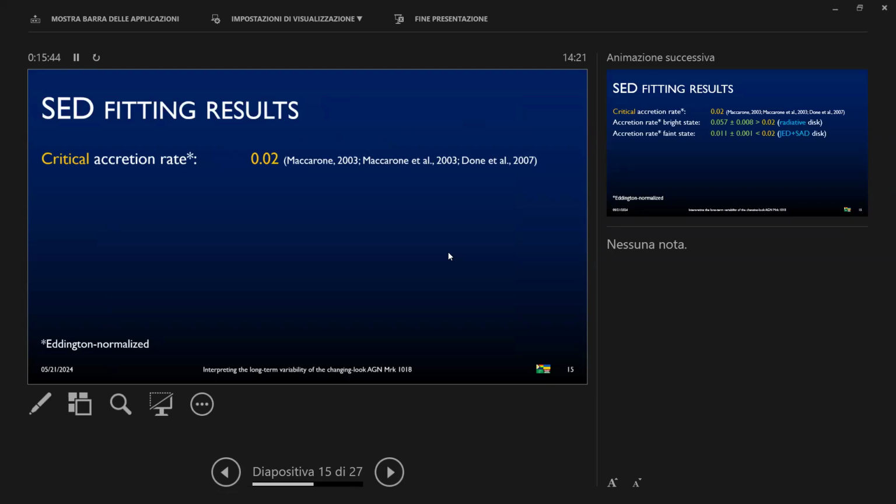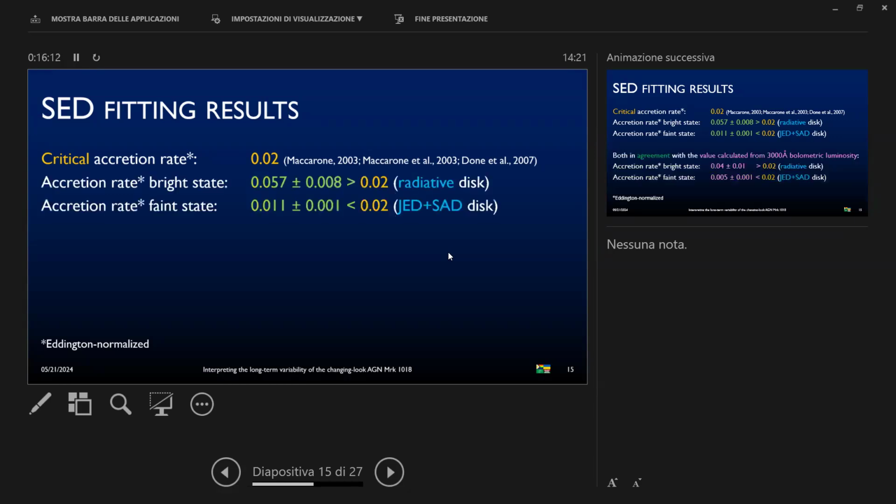If you're not convinced, then we can reach this result by looking at the accretion rate. We know that there exists a critical accretion rate, which is 2% of the Eddington accretion rate, for which an accretion disk is stable under the radiative or advective condition. So AGN which are accreting above this 0.02 are radio-quiet AGN, and AGN which are accreting below this are radio-loud AGN and have an advective disk.